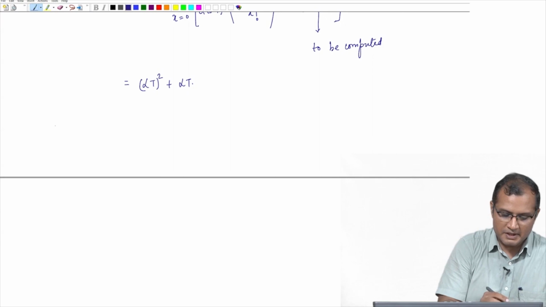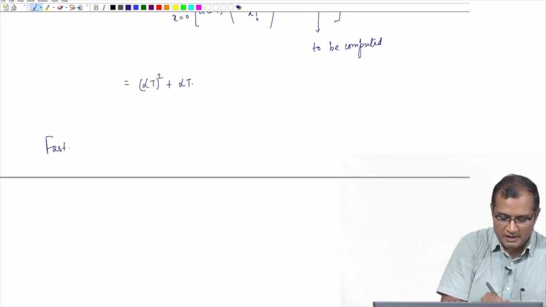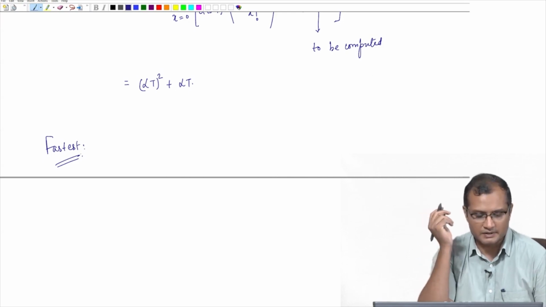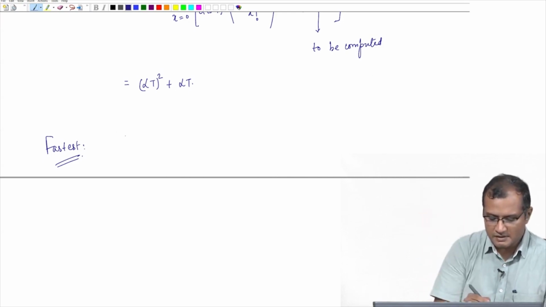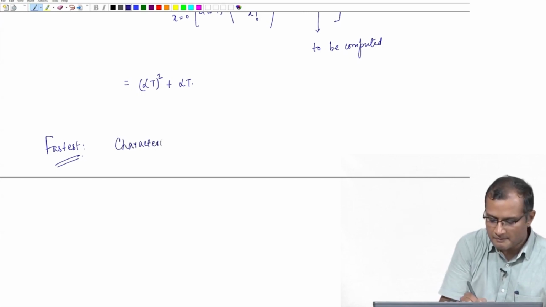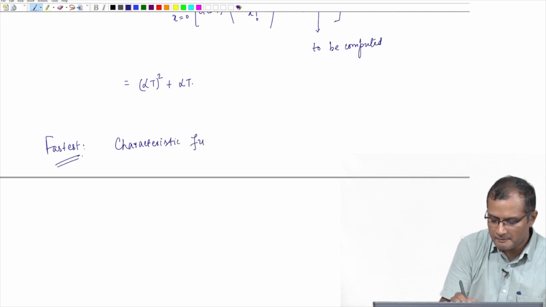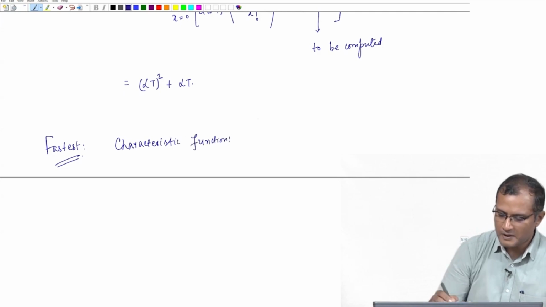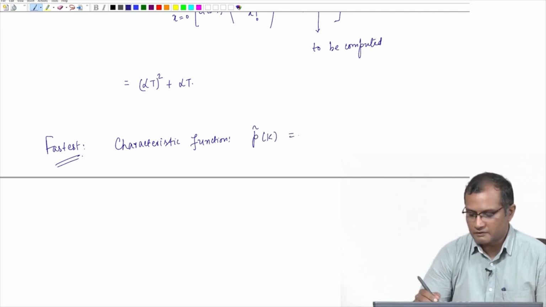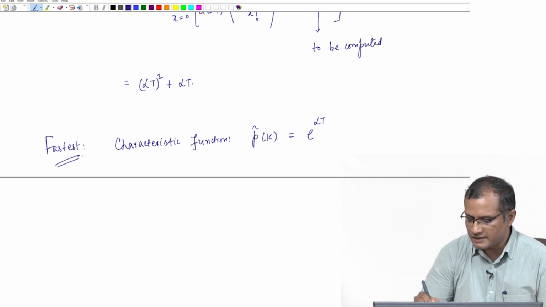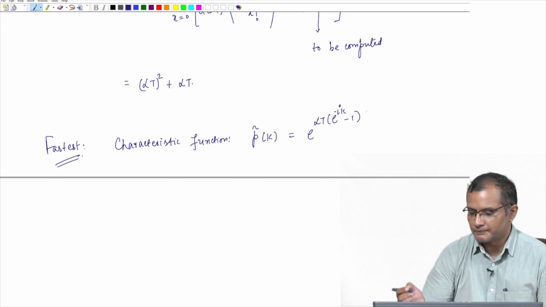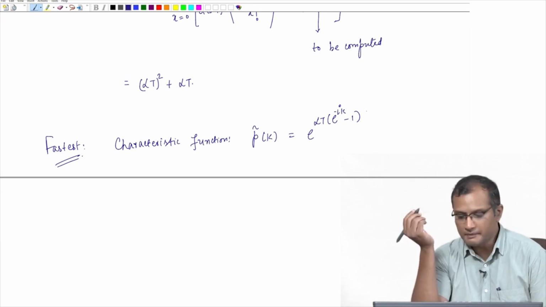The fastest method here would be to actually use the combination of diagrams and the characteristic function. So, the fastest method is to start with the characteristic function, which is the Fourier transform of the PDF, and that is e to the power alpha t into e raised to minus I k minus 1. Okay.